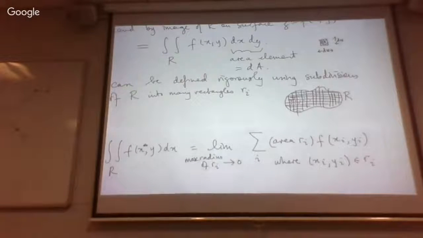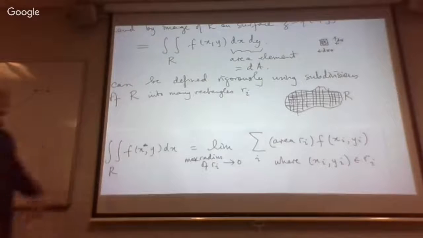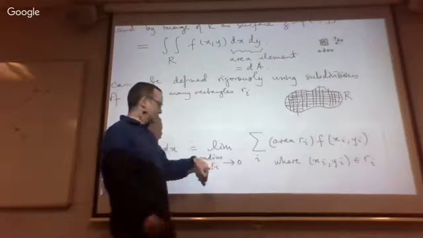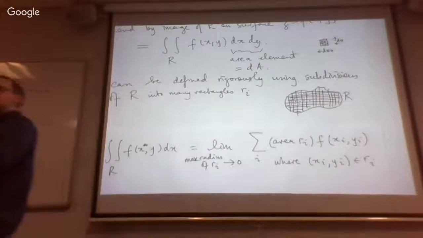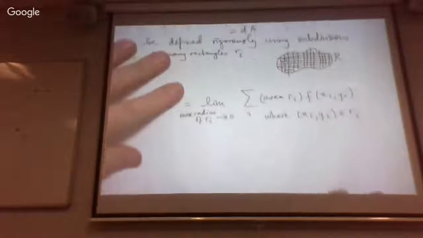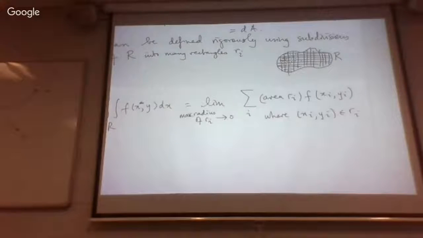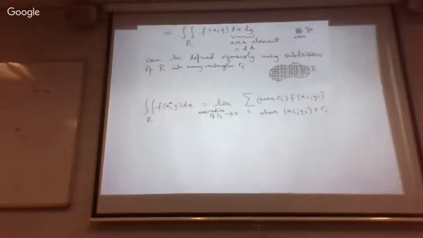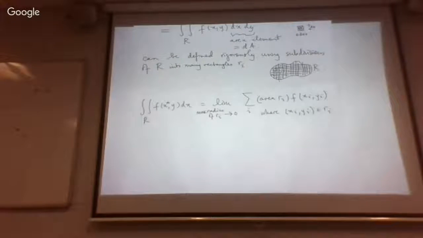And the idea for the rigorous construction is to take the limit of these as the maximum radius of the rectangles converges to 0, because in the limit, you're capturing the true base area R. Okay, so that's the basic idea.